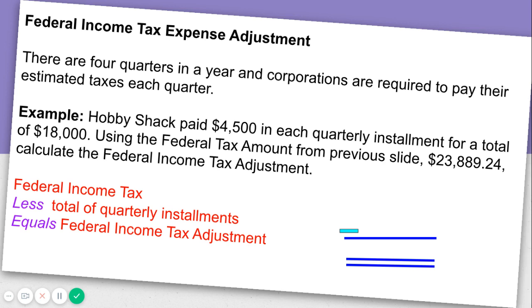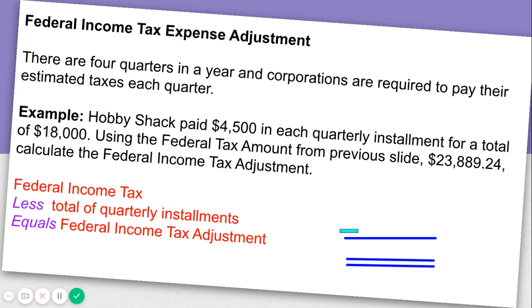Federal income tax expense adjustment. There are 4 quarters in a year, and corporations are required to pay their estimated taxes each quarter. So, for example, Hobby Shack paid $4,500 each quarter installment for a total of $18,000.